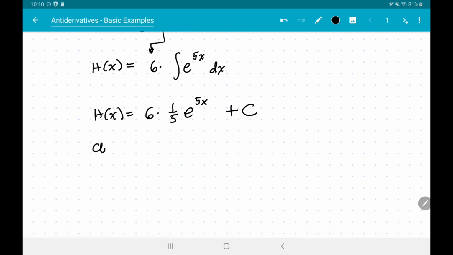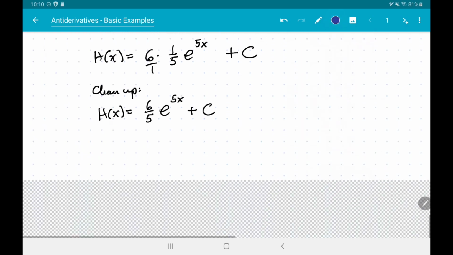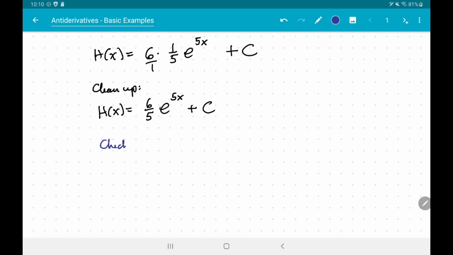Now we can clean this up a little bit. H of x equals, put the 6 over 1, multiply the fractions together, 6/5 e to the 5x plus c. And again, to check, you take the derivative of big H.